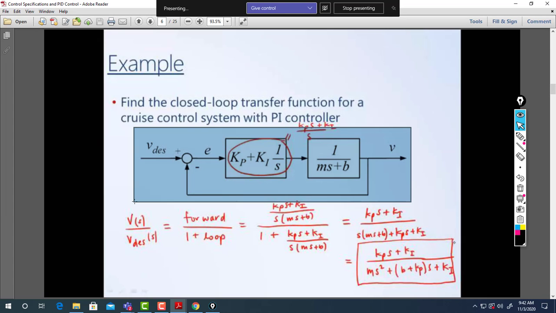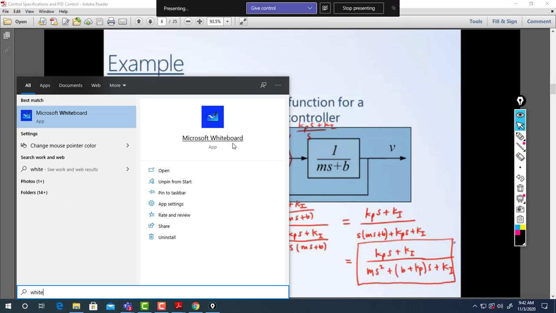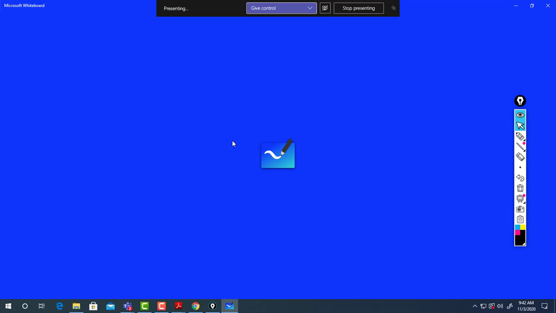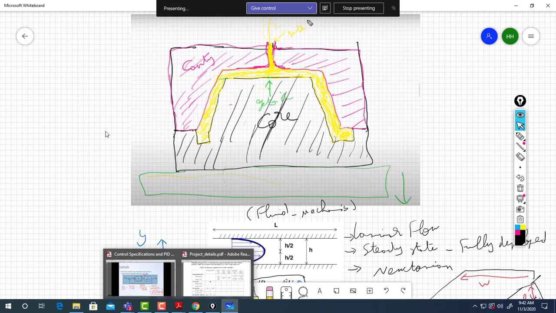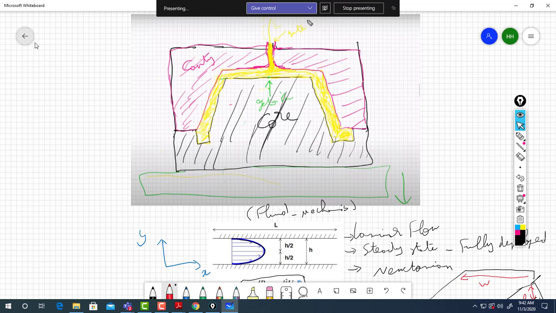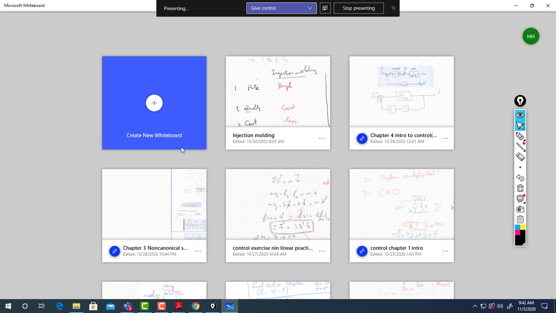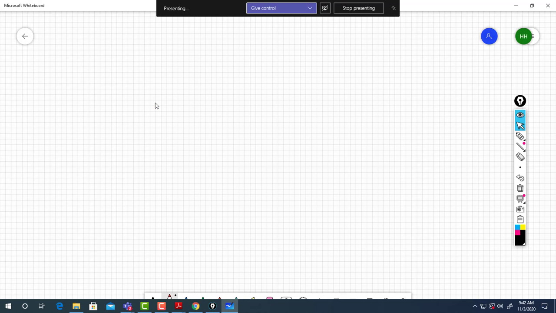If you wish, you can copy the image and go to the whiteboard and try to work on it. Okay, so create a new whiteboard.